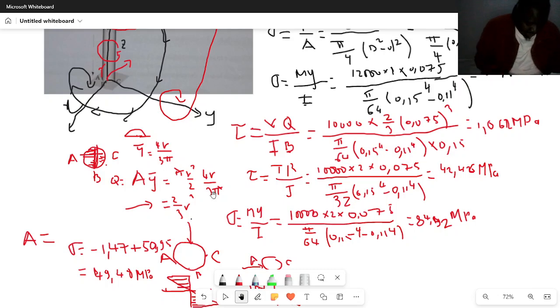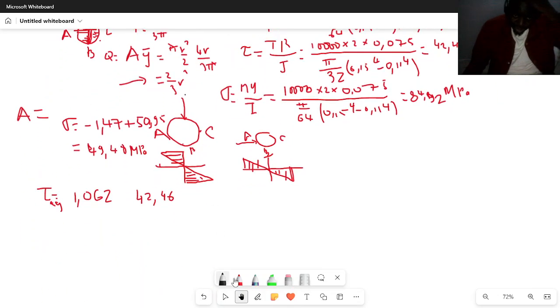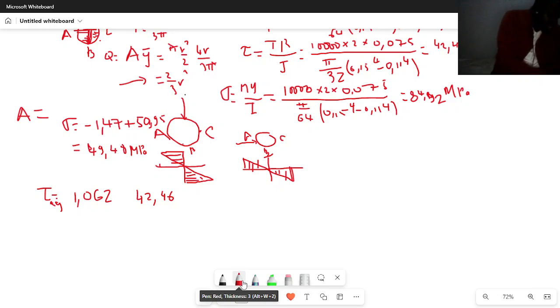Let me check something here. Mr. Bubaka, I just want to check 1.62 under this tau xy here.